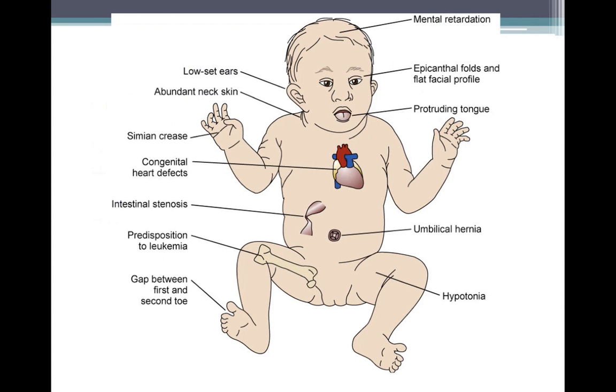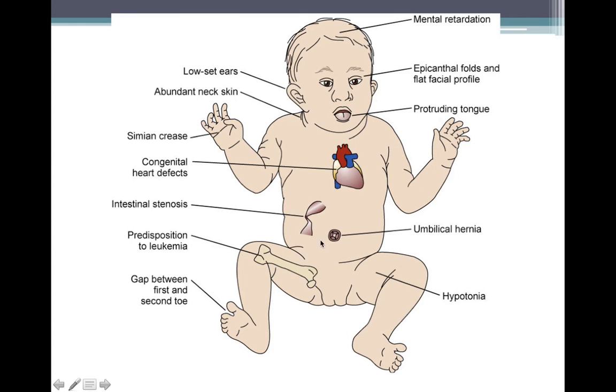So some of the signs and symptoms you find with trisomy 21 or Down syndrome are things like mental retardation, epicanthal folds, which are the folds of your upper eyelid, more low-set ears, more abundant neck skin, an additional crease in the hand, usually congenital heart defects, which also shortens their lifespan, intestinal stenosis, which usually needs to be repaired surgically shortly after birth.